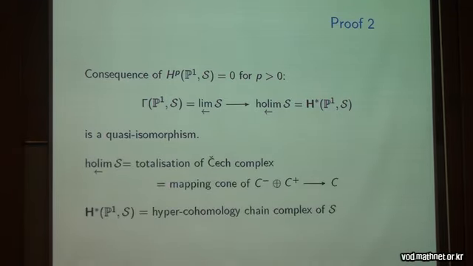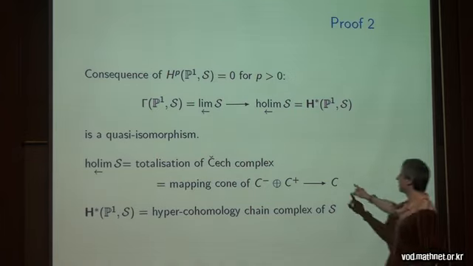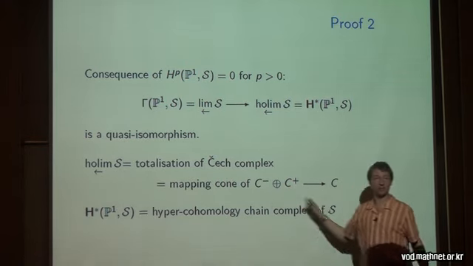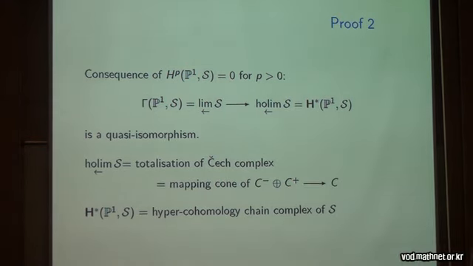So this homotopy limit or hypercohomology, that's just the totalization of the Čech complex. In other words, you look at the mapping cone of this type of diagram here. Right? That's really Čech cohomology for P1. Hypercohomology is just hyper fancy terminology for precisely this. And because of this lim1 condition being 0, that is the same up to homotopy equivalence.